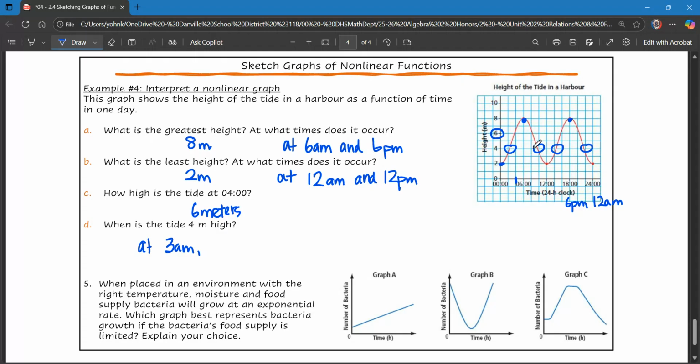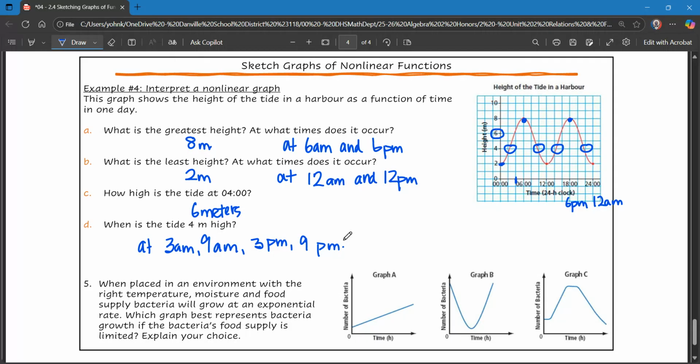This one is about 9 a.m. And then we keep going. This one's about 3 p.m. And then, oh, the last one, I bet you can guess. Last one's around 9 p.m. So you can use graphs to predict waves in the ocean. Pretty cool. All right, number 5.